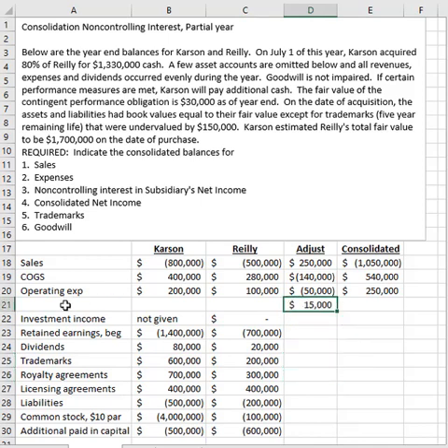So we're going to have amortization of trademark.